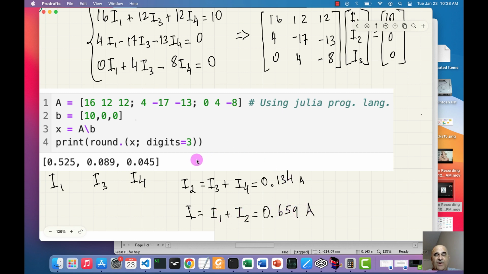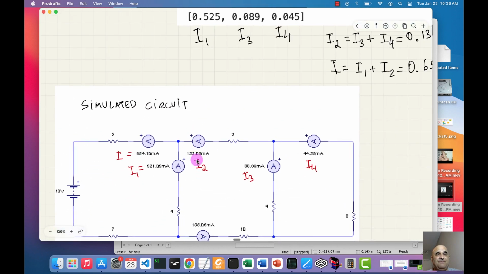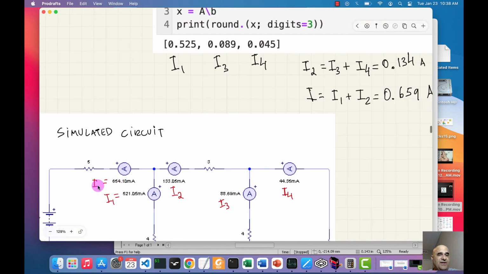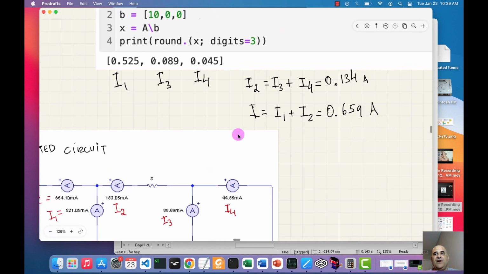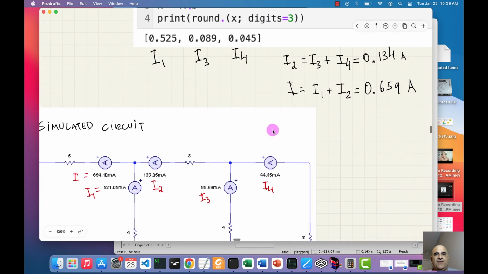Well, let me just apply to the simulator. Look, and everything seems quite okay. Look, I equals 0.654 milliampere, which is almost close to this. And let's see the I2.